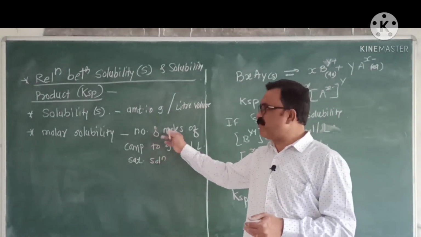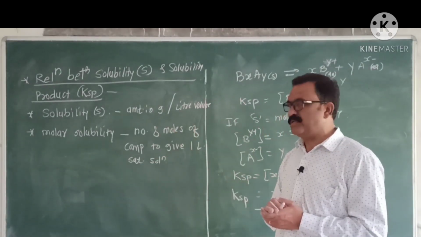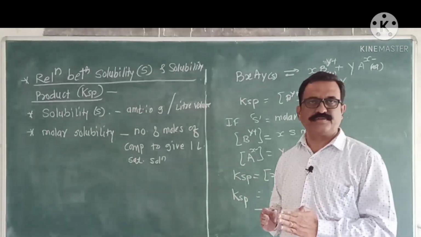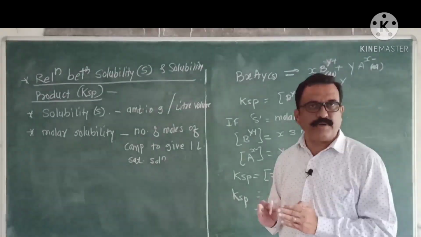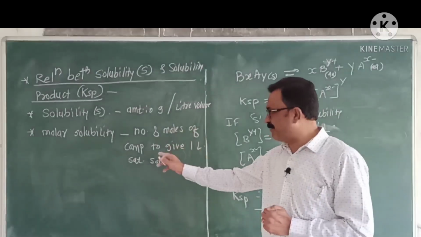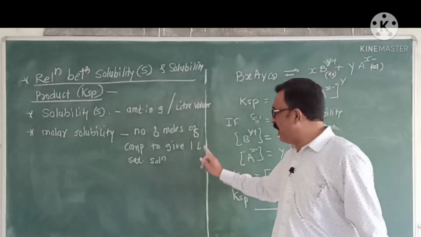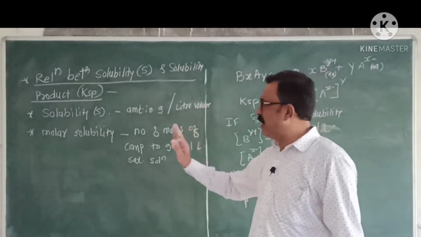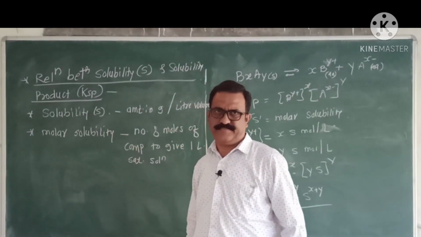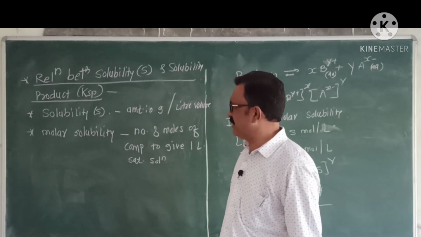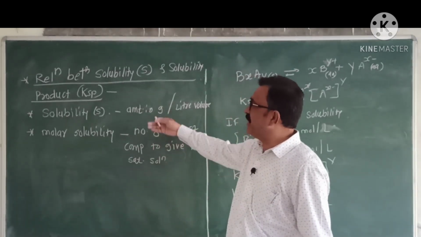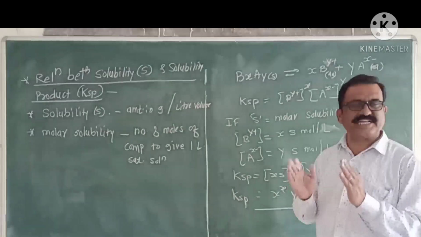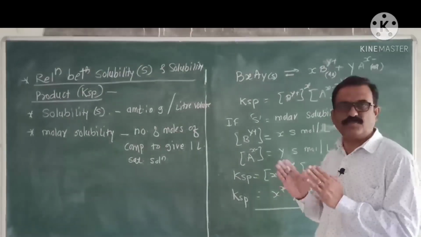Then the number of moles of that compound required to give 1 liter of saturated solution is called the molar solubility. With this molar solubility, capital S, we have to derive a relation between the molar solubility and the solubility product Ksp.